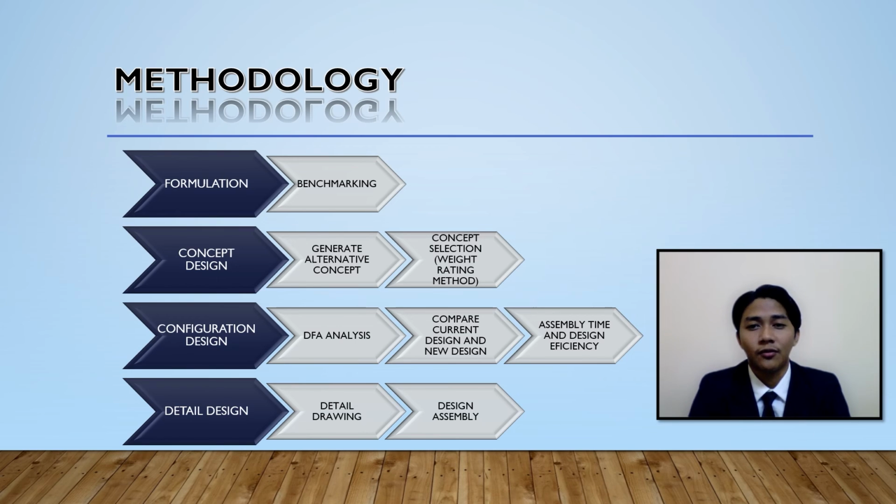After I get the result from the DFA software, I will finalize my design into the new design. This process is called the redesign process. And finally, I will get my detailed design or final design and start to draw the 3D model, assembly and the 3D drawing, which will later be used to develop the newly developed CNC 3D router machine.